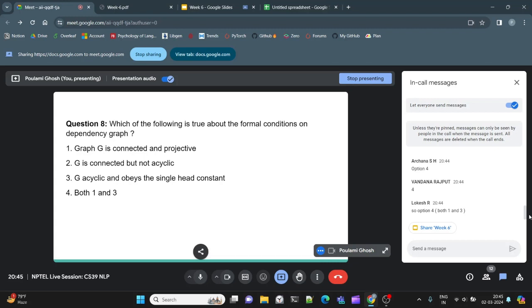The third one is acyclic and always a single head. It will always have the outgoing... Okay, correct. How about others? Would anybody like to add on to what Lokesh has said?